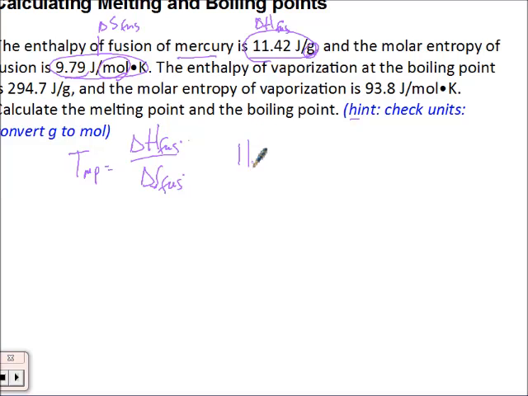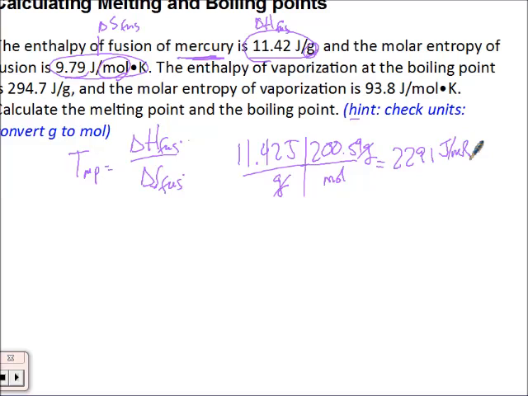So I'm going to take my 11.42 joules per gram, and if I want to turn that into moles, I'm going to multiply it by the molar mass of mercury, which I've looked up on the periodic table, is 200.59 grams per mole. Now grams will cancel, and I'll be left with 2,291 joules per mole.